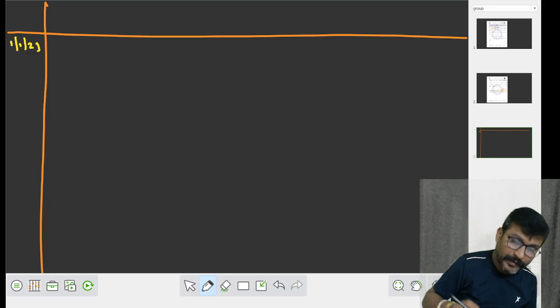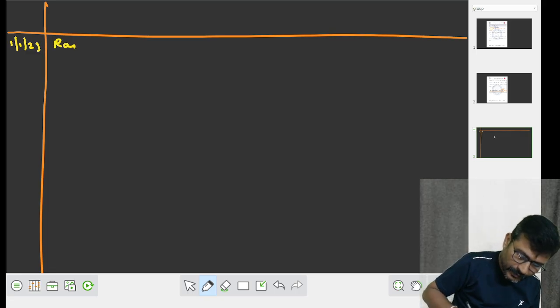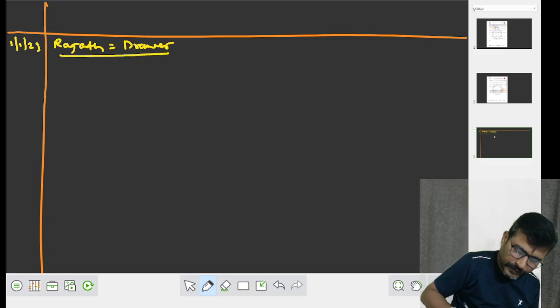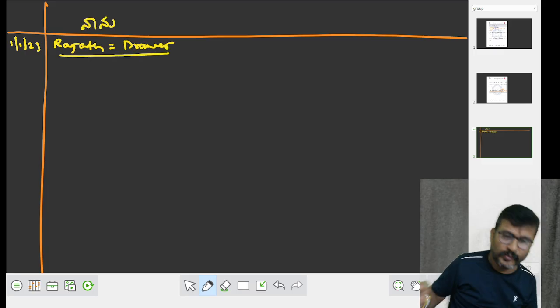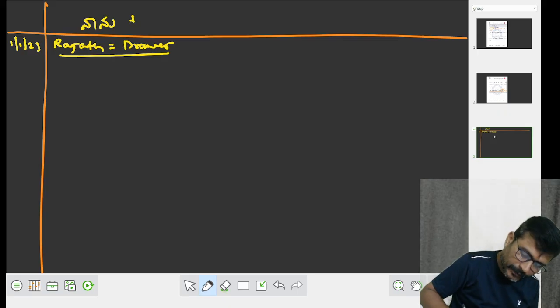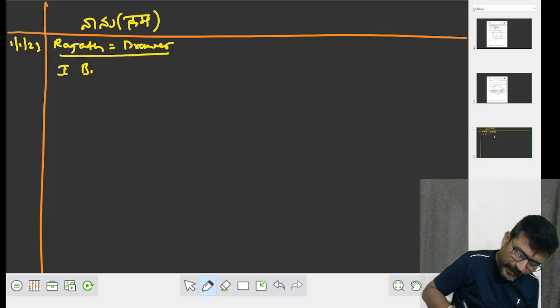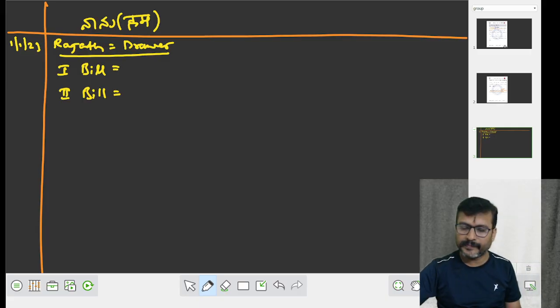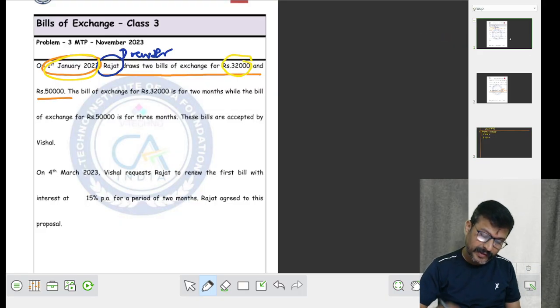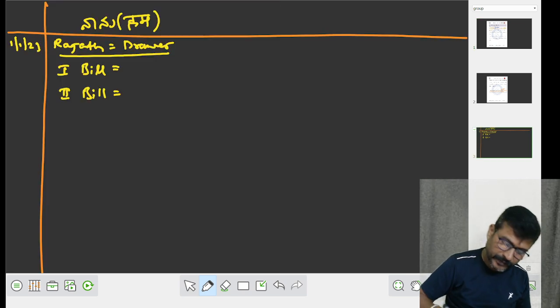Who drew the bill? Rajat, the drawer. Two bills of exchange, the first bill and the second bill. What is the amount of the first bill? 32,000 and 50,000.